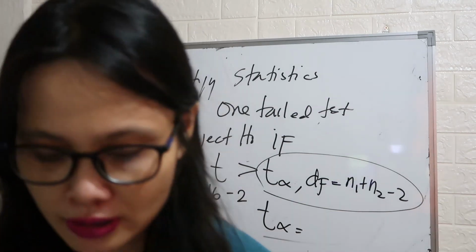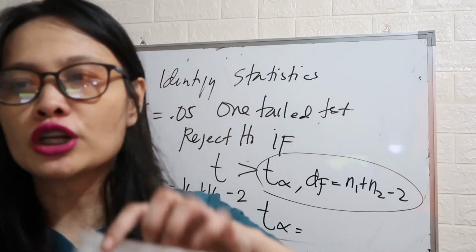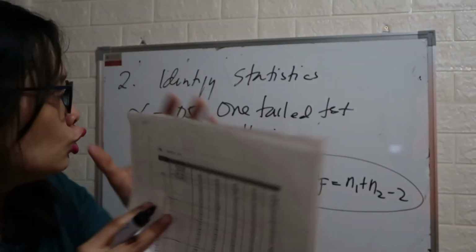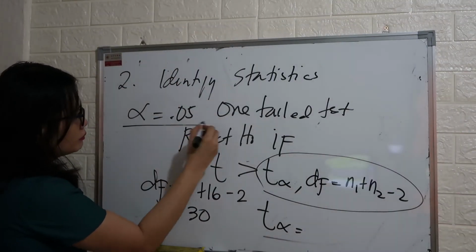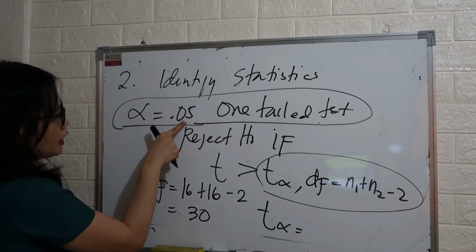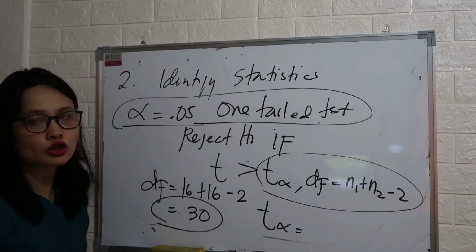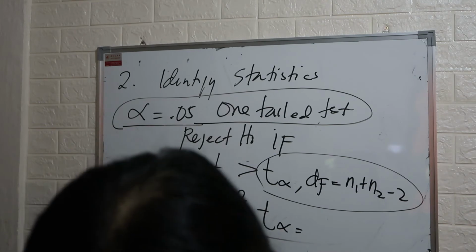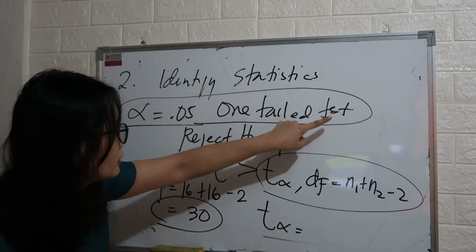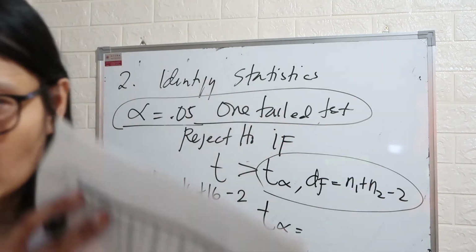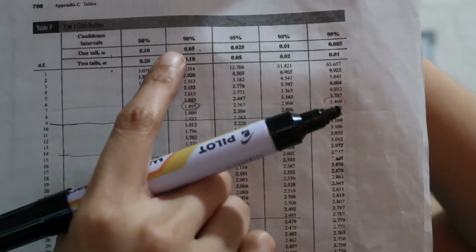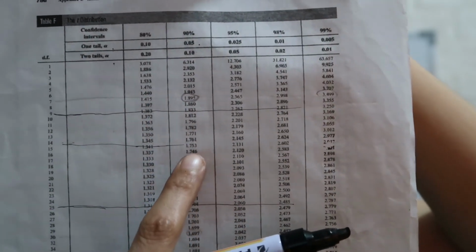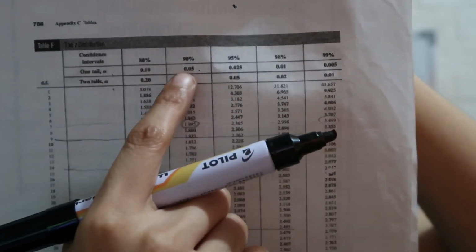Get your T table, then look for 0.05, one-tailed, and then the degree of freedom, which is 30. Using the T table, look for one-tailed, then 0.05, and then look for 30.